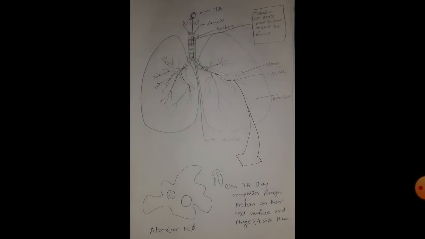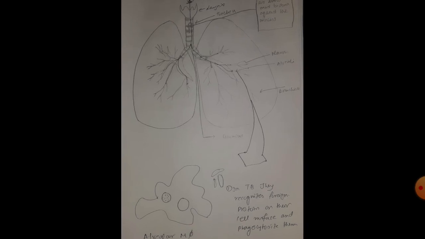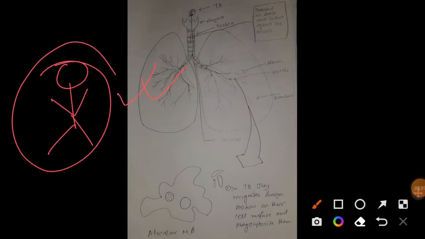This fusion is inhibited by the tuberculin protein produced by Mycobacterium tuberculosis. That is how it ensures its survival. After that, it proliferates and causes a localized infection. And we have also learned that if somebody develops signs and symptoms at this stage, we call it primary tuberculosis.